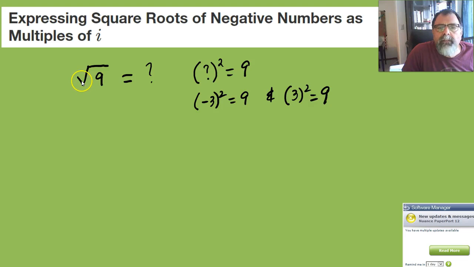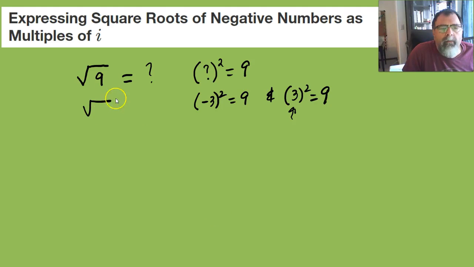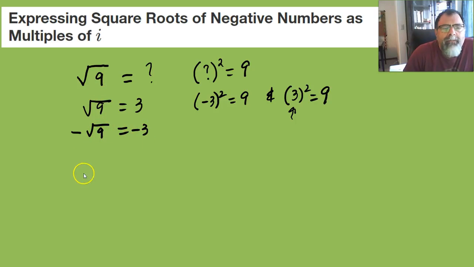But the symbol is defined to be the non-negative square root, so it's only 3. The square root of 9 is 3. If I wanted the negative square root, I would put the negative out in front, and that would be -3.